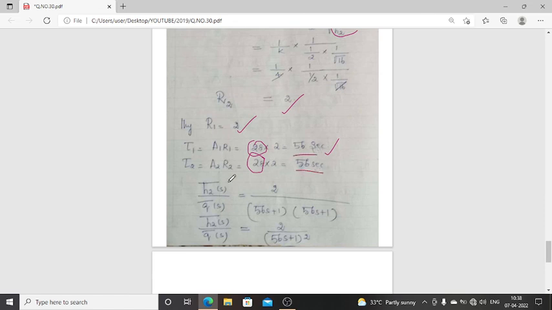So we have the overall transfer function H2 bar of S by Q bar of S. In this expression, R2 is 2, and the denominator is (tau 1 S plus 1) into (tau 2 S plus 1), that is (56 S plus 1) into (56 S plus 1). So this is 2 divided by (56 S plus 1) whole square. Okay, so this is option A. This is the answer for this problem.